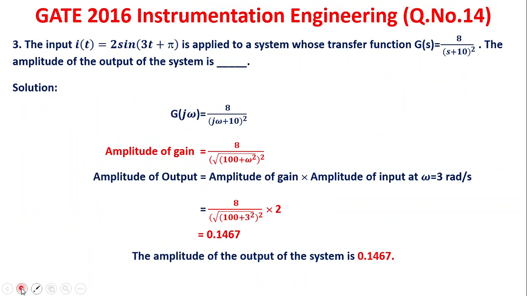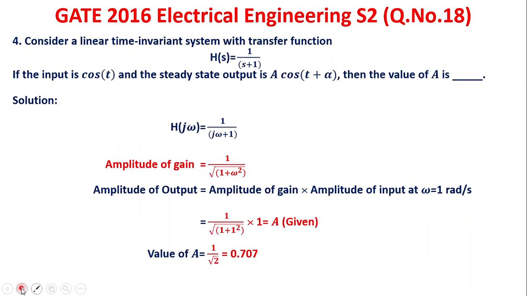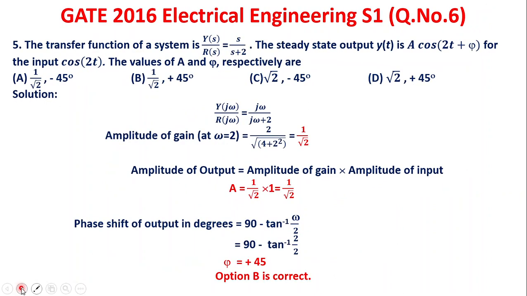So if we know the concept clearly and if we know the formulas clearly, I don't think we will have any difficulty in solving any of the GATE problems in frequency response analysis, because I have compiled all the problems in control systems from frequency response analysis by considering the last 5 question papers, that is from 2016 to 2020. I have taken questions from all the question papers, control system related questions.